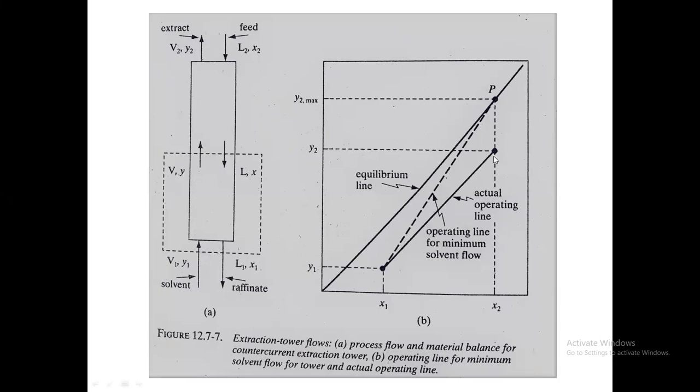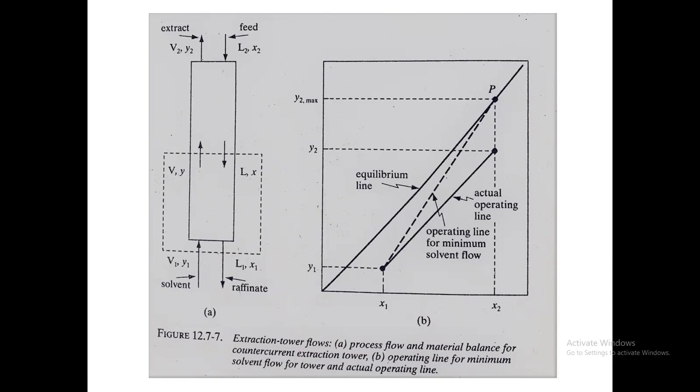So if we project this point X2 vertically up on the equilibrium line or curve, we get the maximum mole fraction of A in the extract. We maximize the amount of the solute that is to be extracted. Whatever is that maximum amount, that corresponds to the minimum amount of solvent that will achieve such goal.